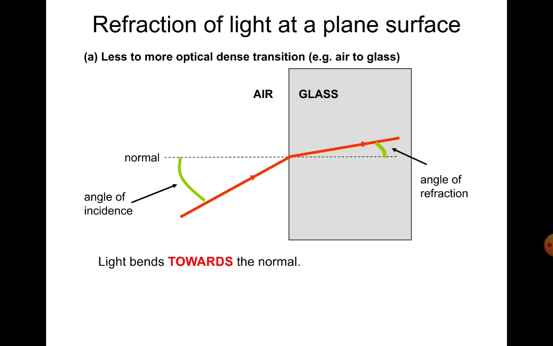This is an important note. When light bends towards the normal, you know that the speed is going to decrease, and that the angle of refraction is lower than the angle of incidence. So we may say that the angle of refraction is less than the angle of incidence.